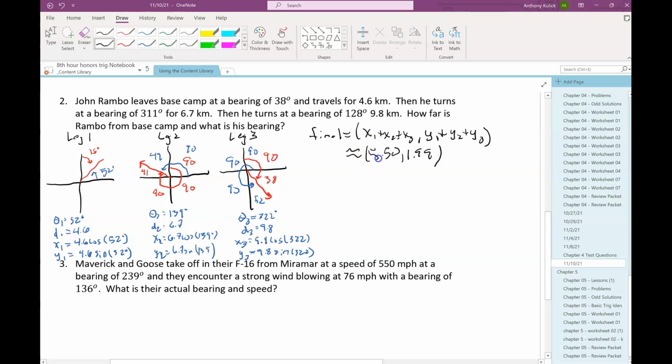So far, so good. Okay, to get the distance then, I'm just using the Pythagorean theorem.